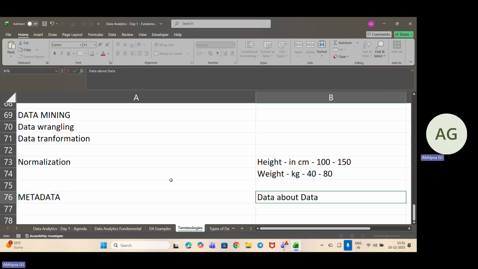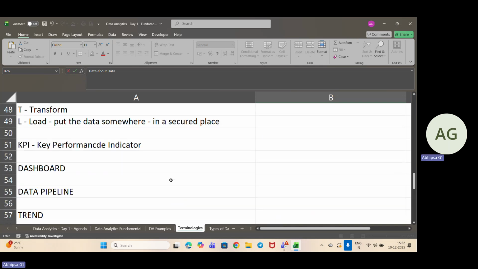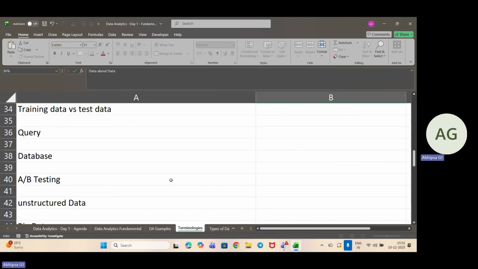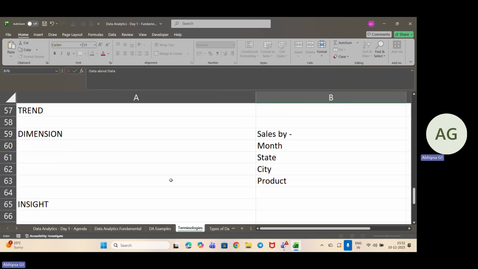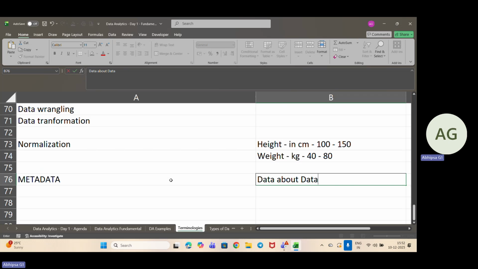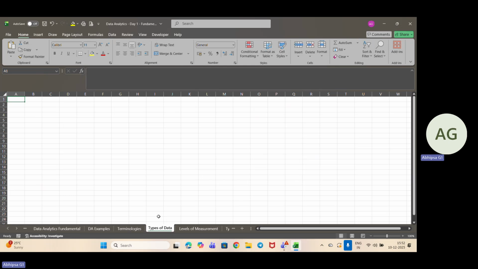So here comes all of the basics and important terminologies that we will require while understanding and learning about data analytics. Let's move into the types of data. Basically, there are two big categories of data.